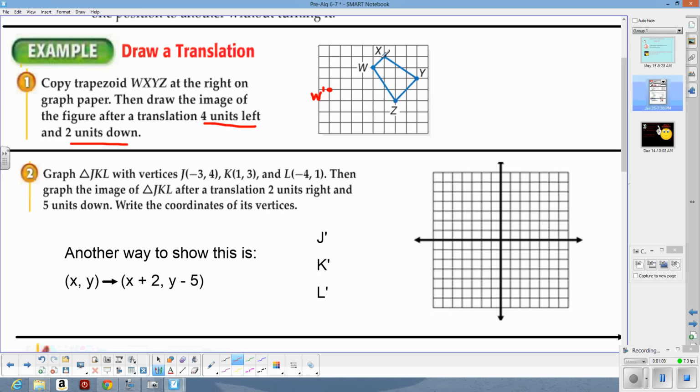We're going to do the same thing with X. Move it 4 units to the left and 2 units down. Label it X prime. And then we'll do the same thing with Y. 4 units left, 2 units down. Label it Y prime. And then we're going to take Z and move it 4 units to the left and 2 units down.